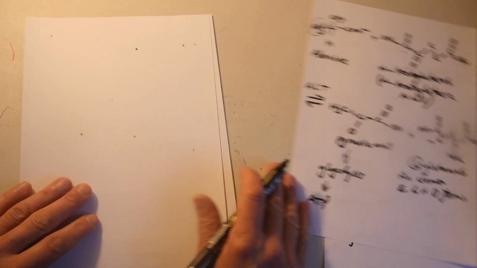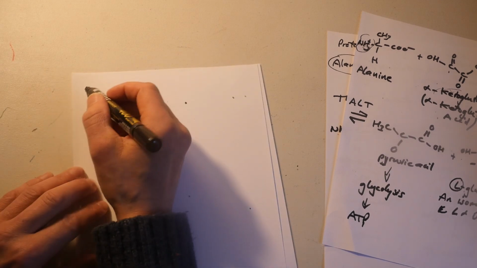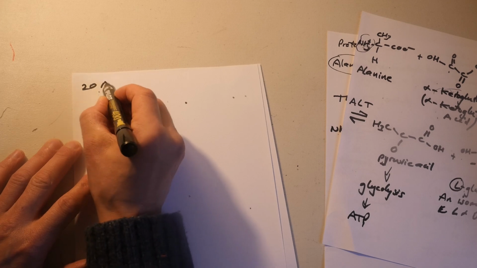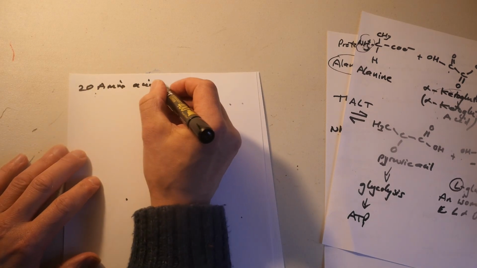So these carbon skeletons: there are 20 amino acids generally in the diet and in the body.